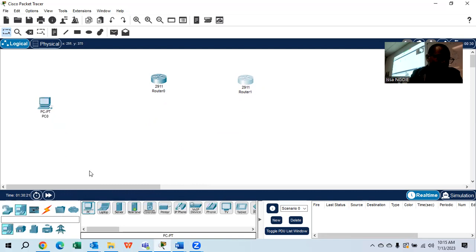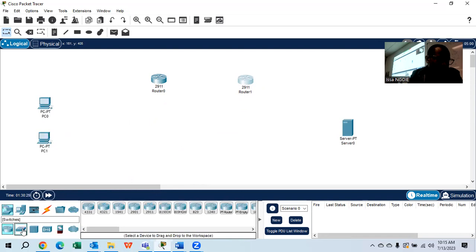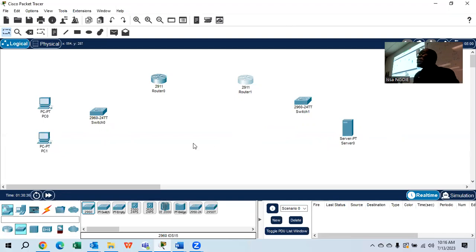Let's say, so I have 1 PC or 2 PCs there. Maybe this is my server. Maybe I have 1 switch here and another switch, right?